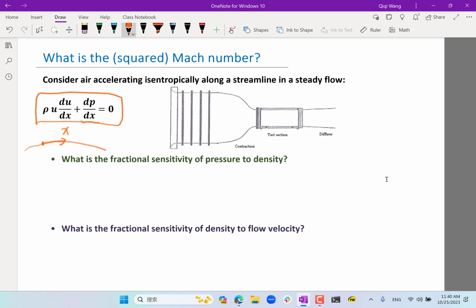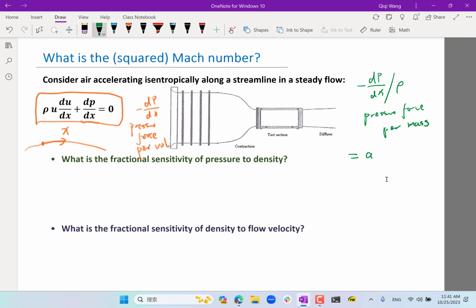Negative dP dx is the pressure force per volume, so the pressure force per mass is this divided by rho.